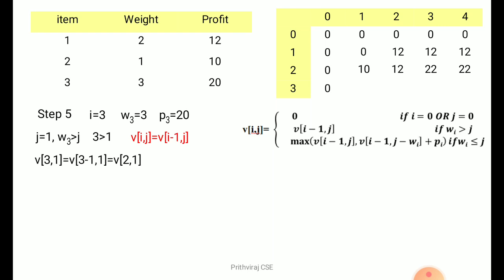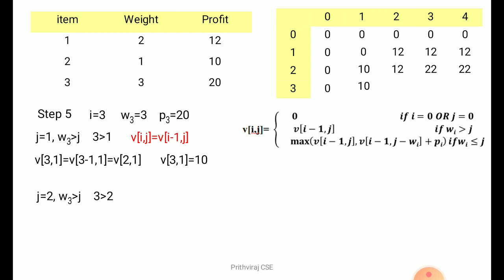But here w3 is greater than j, 3 is greater than 1, so that is the second condition. So v of i comma j is equal to v of i minus 1 comma j, that is v of 3 comma 1 equal to v of 2 comma 1. We have already computed v of 2 comma 1, which is 10, that means v of 3 comma 1 is also 10.